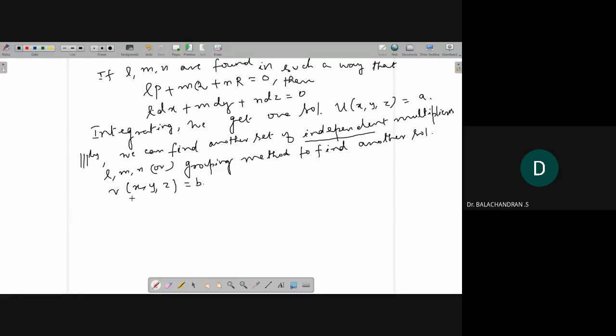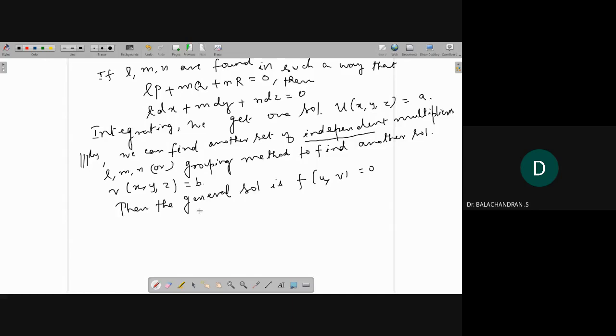Then the general solution is f of u comma v equal to 0. So this is the procedure to find the solution.